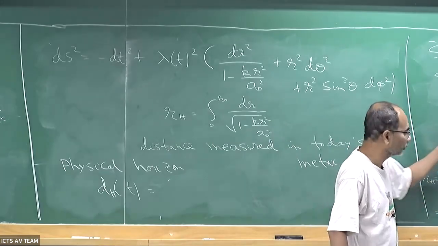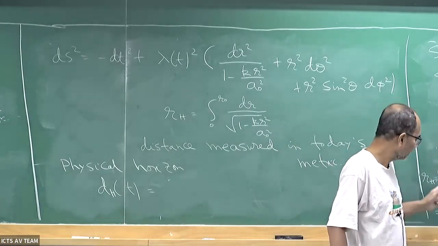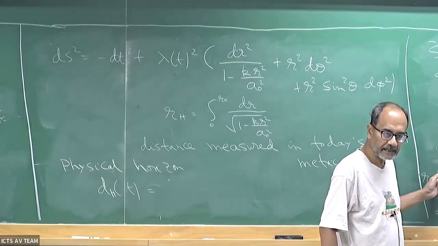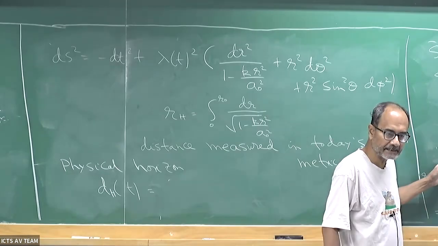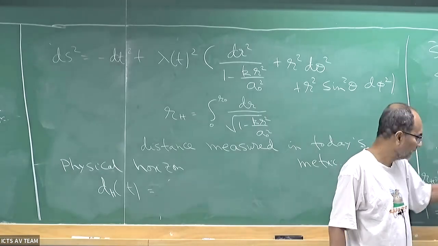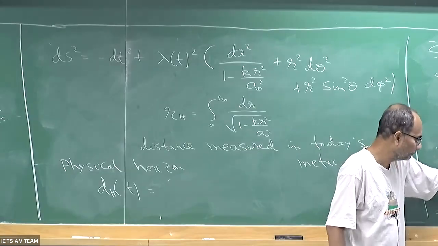This is an equation that you can write down, and RH by definition is this one. I integrate from 0 to R naught. I assume that it reaches R naught at time t, and I integrate from 0 to t. So this gives you RH as a function of t.